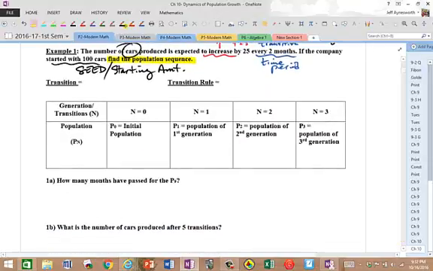So the transition is what I said just a minute ago. It's every 2 months. And so let's define it here. Transition rule, okay, we're going to write it recursively at first.